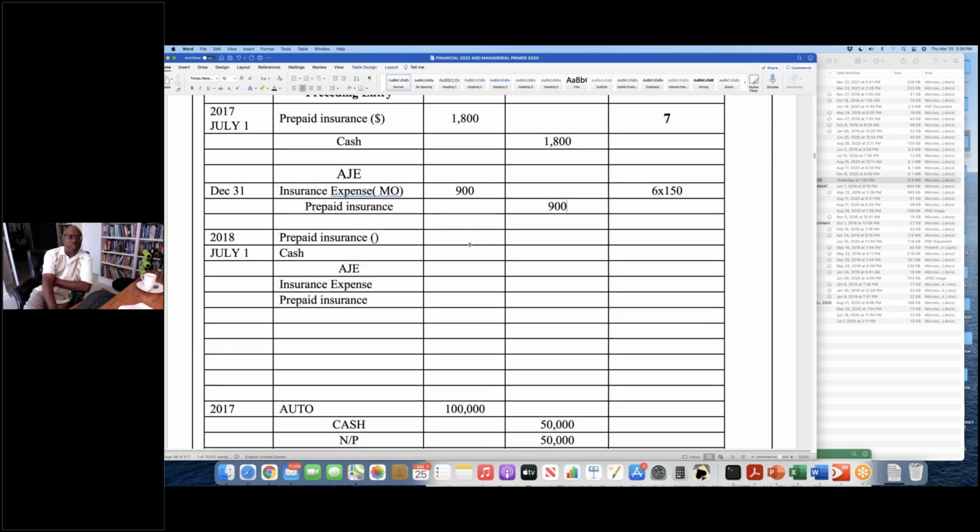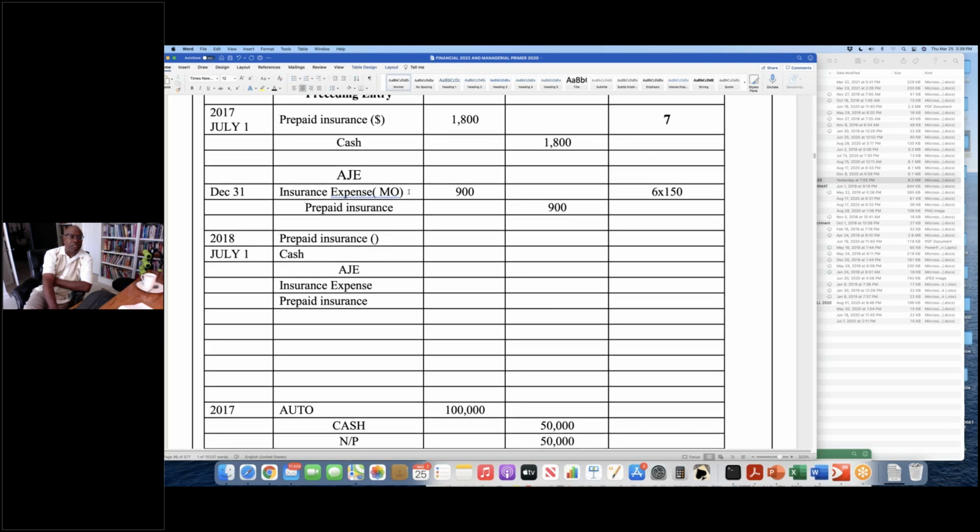Okay. So then we get to 2018. The 2017 policy expires. How much are we paying now? 2,400. And let's look at our adjusting entry now.